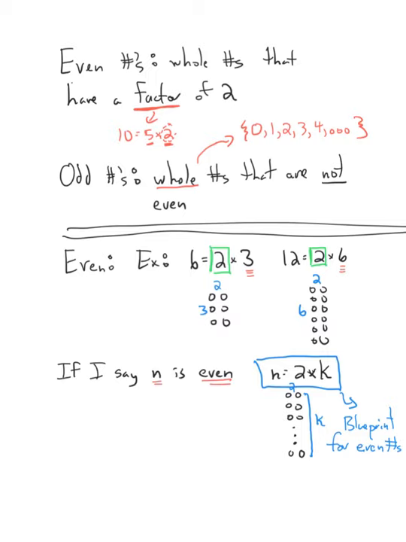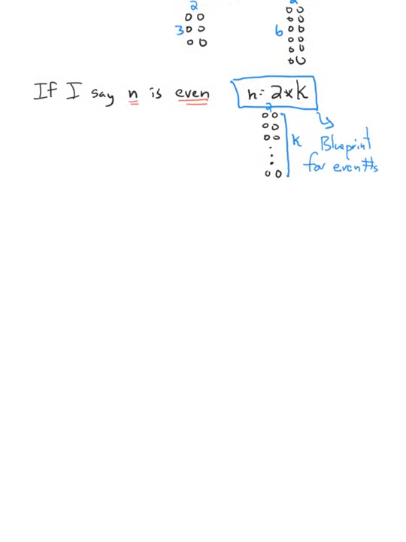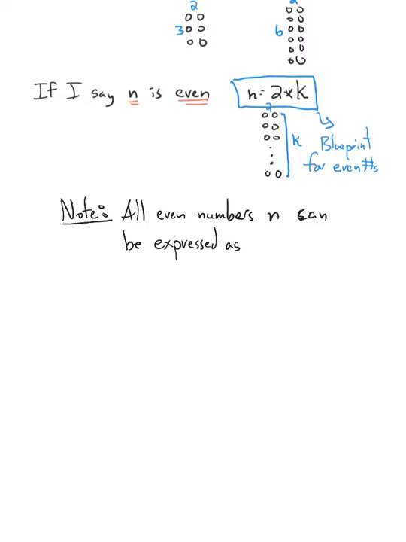Great. So if this is the blueprint, let's write that down. This is a very important note. All even numbers, let's say n, can be expressed as n equals 2 times k for some whole number k.